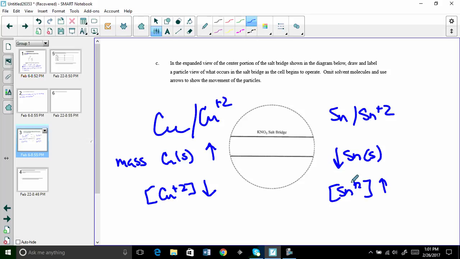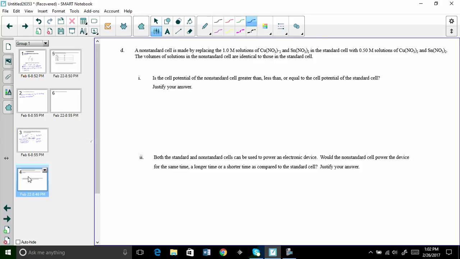And so basically, this half cell has an excess of positive charge, so the NO3 minus would migrate this way. And this cell has too little positive charge, and so then the K plus would go this way. And so that's really all that they wanted to see.